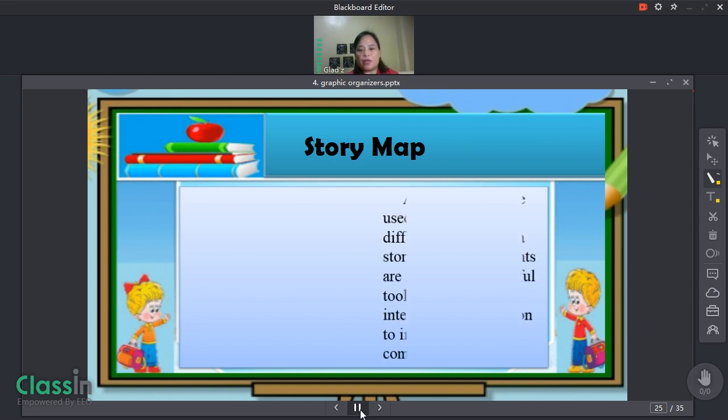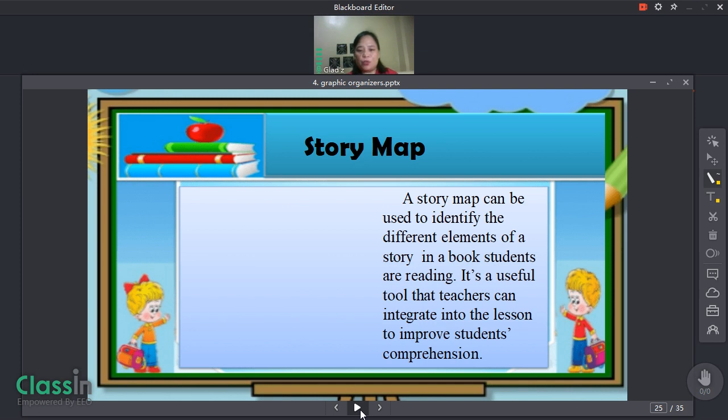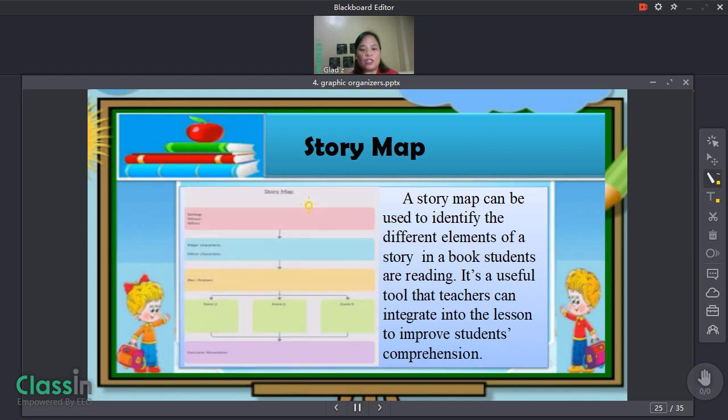For this example, a story map can be used to identify the different elements of a story in a book students are reading. It's a useful tool that teachers can integrate into the lesson to improve students' comprehension. So this is the story map.